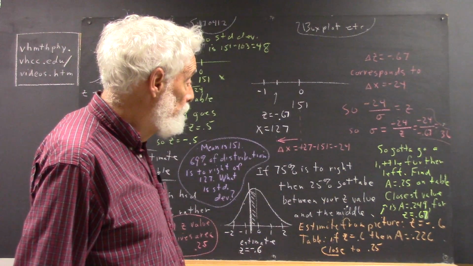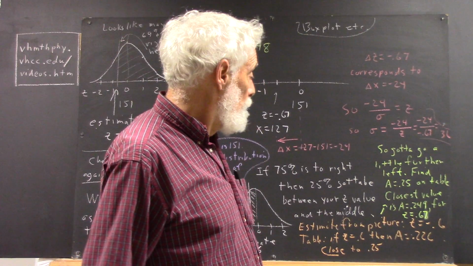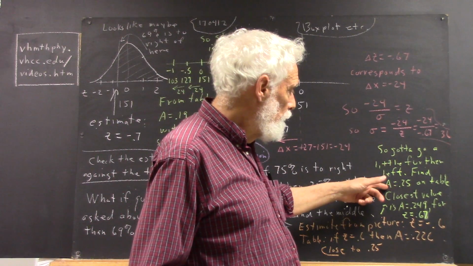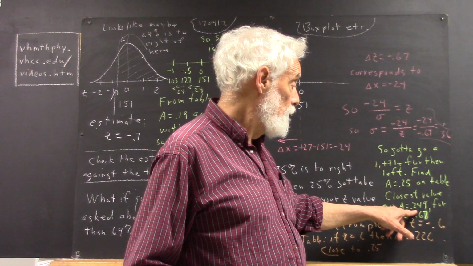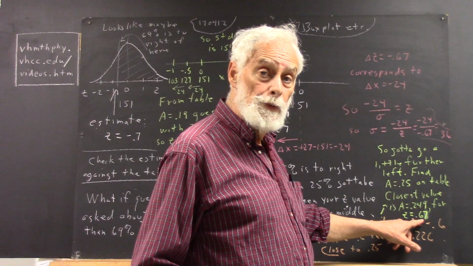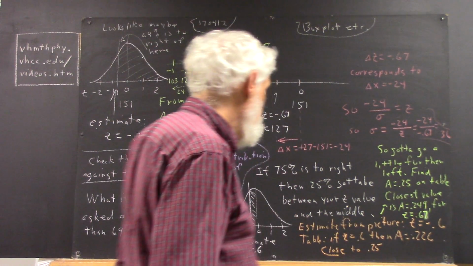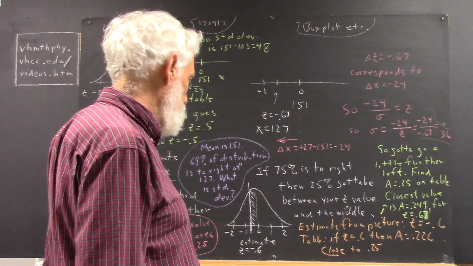So we find 0.25 on the table, and we see that the closest value to 0.25 under the area is 0.249, and that goes with z equals 0.67. So we conclude that the closest z value is 0.67.